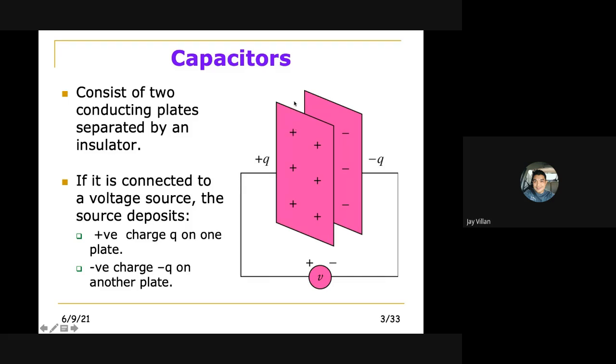The insulator of this basic capacitor is air, but other capacitors have different insulators such as ceramic, paper, fish paper, and all the other insulators that can be used to separate the two conducting plates.